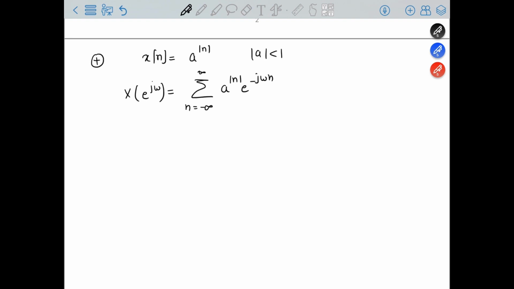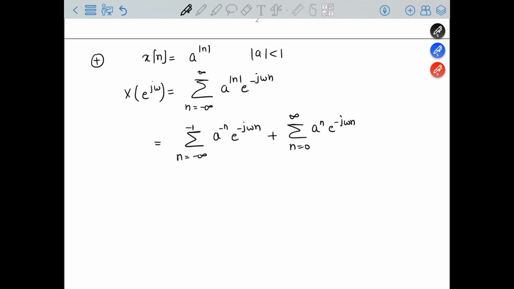As mod n is there, we can split this summation into two ranges. For n equals minus infinity to minus 1, it will be a raised to the power minus n e raised to the power minus j omega n, plus n equals 0 to infinity of a raised to the power n e raised to the power minus j omega n. So these are the two forms in which we can split this.